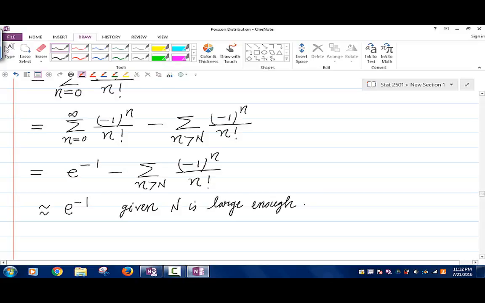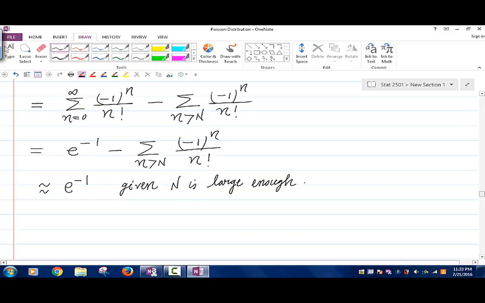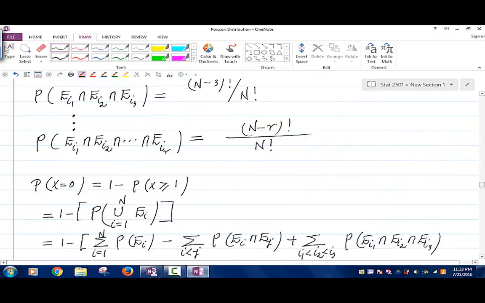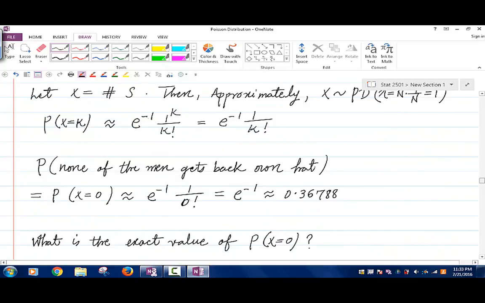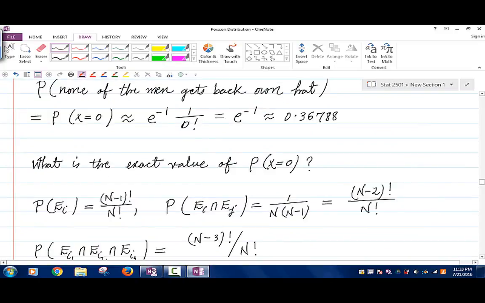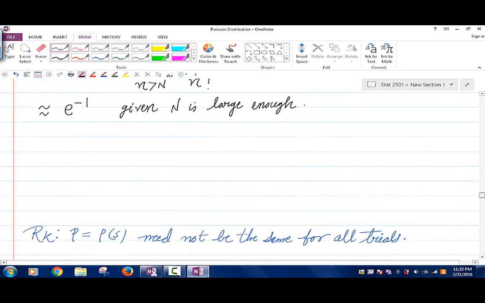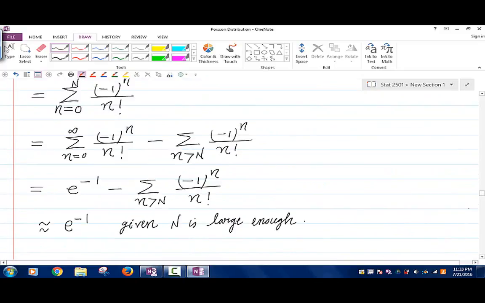So now we see that the exact probability is pretty close to the probability that we obtained by using the Poisson distribution here. So that's the point of the entire problem.